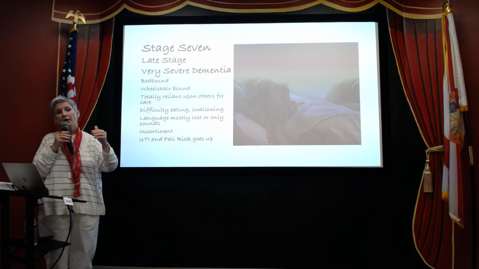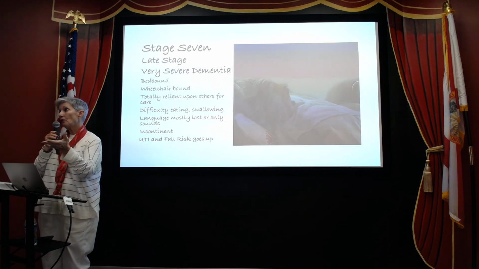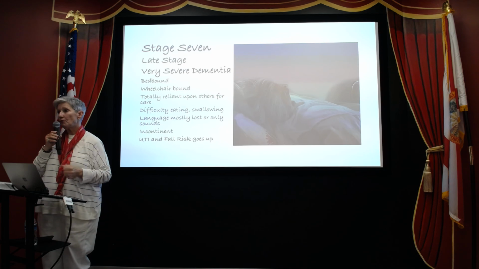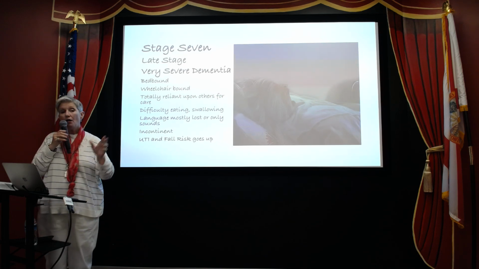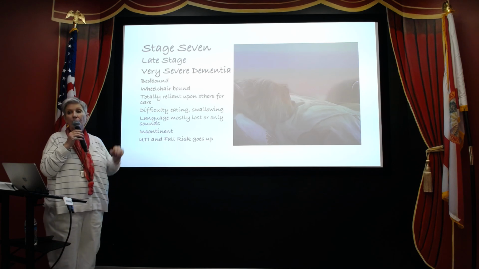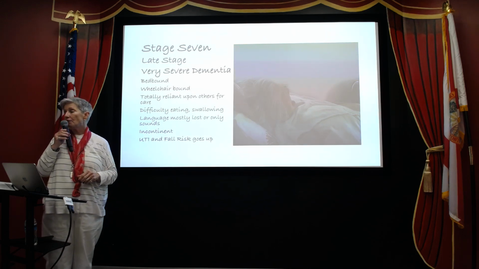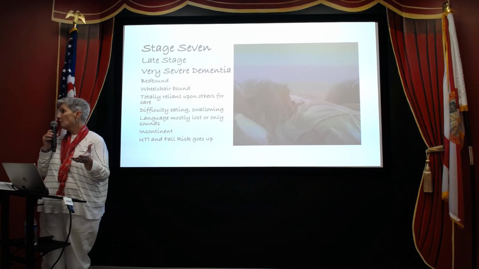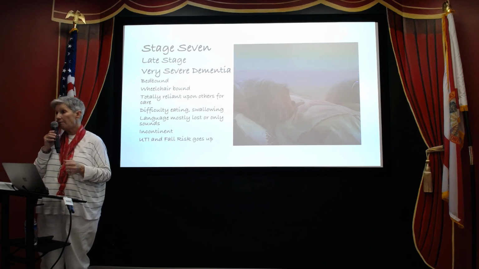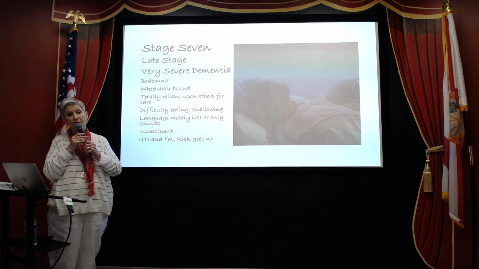It begins to show the family how rapidly the disease is progressing, which helps them with their grieving process and helps them to prepare for the next part of life. Most of your patients, clients, residents, members are not going to make it to stage 7. Most people with dementia die in stage 5 or stage 6 from heart attack or stroke just because that's how humans die.